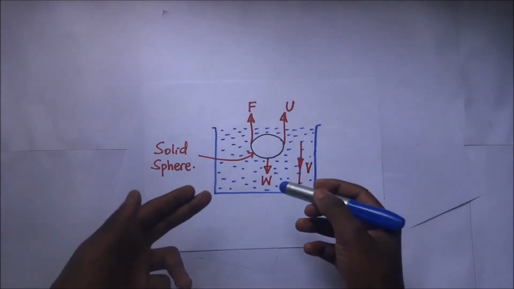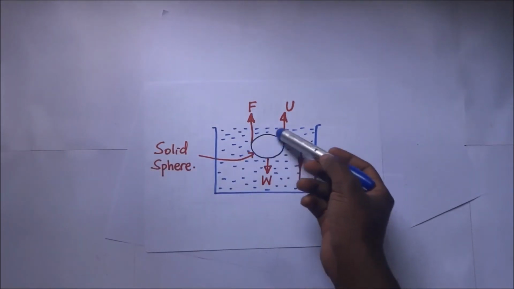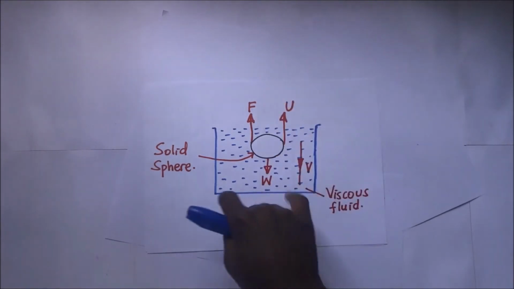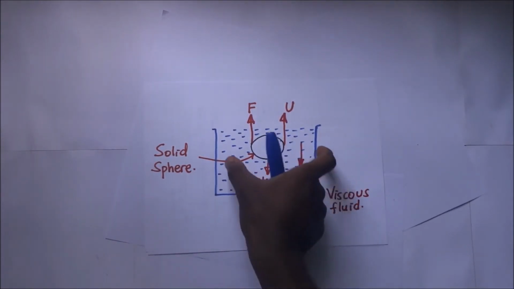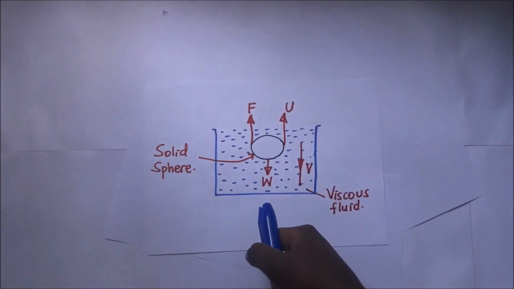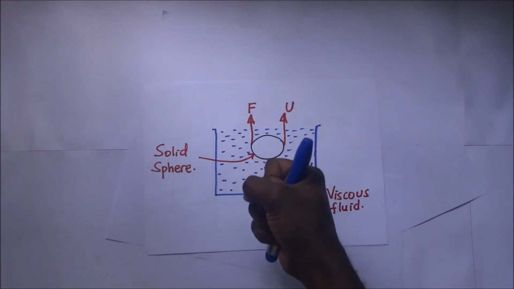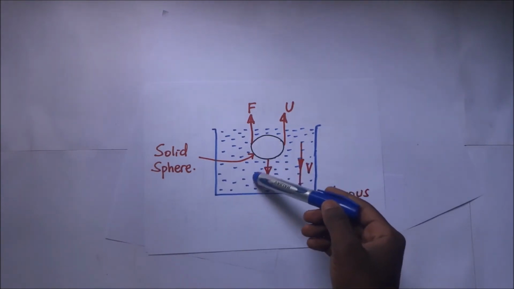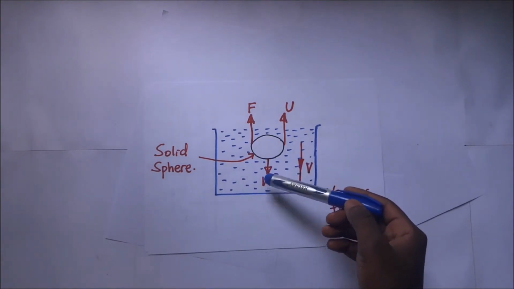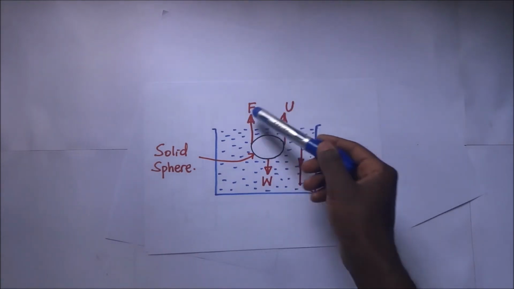Now, we assume that this sphere is falling through, let's assume this is very tall, a very tall jar that is full of engine oil, for example. So at the beginning, this weight is bigger than these two forces combined.